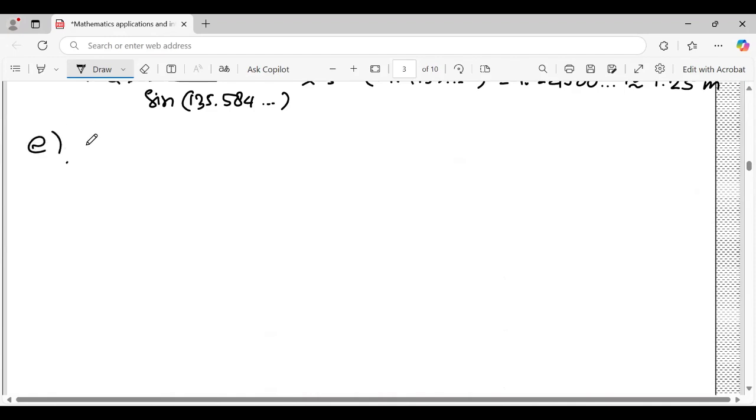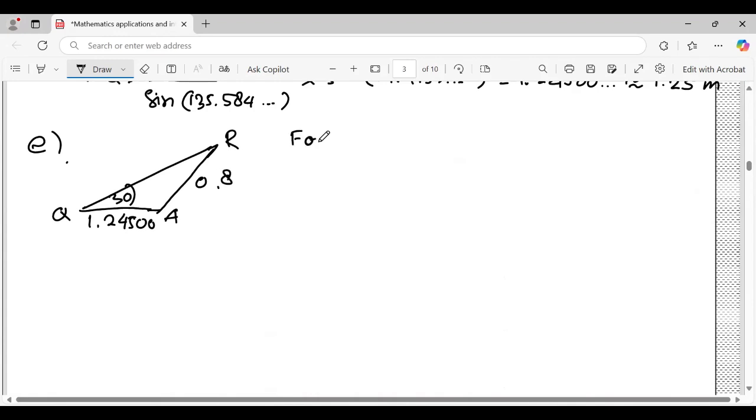I would like to construct the triangle. This is 30 degrees, QA is 1.2450, and this is 0.8 according to the information.